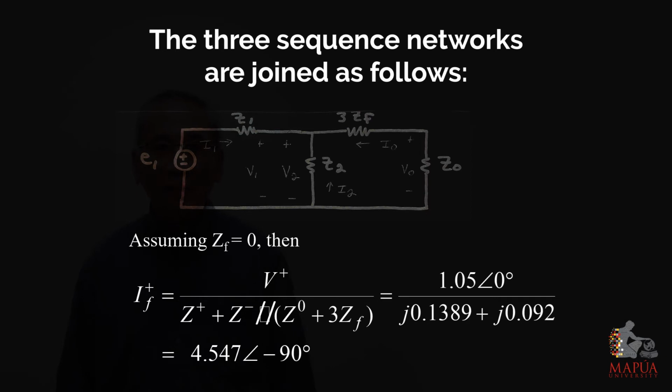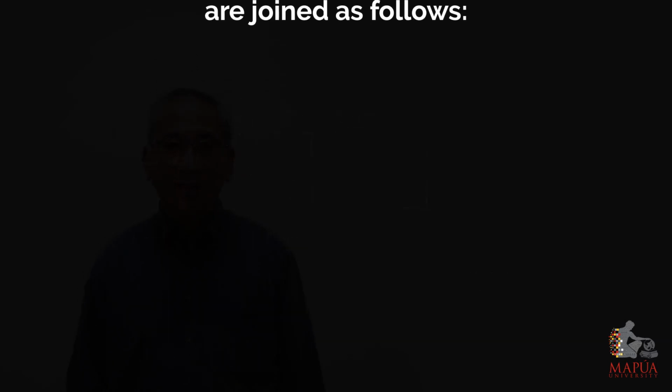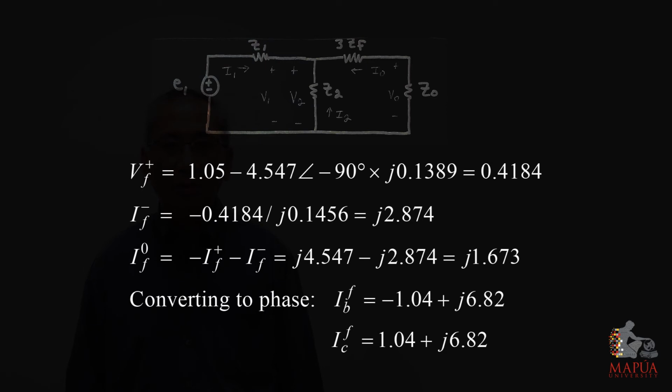Now, solving for the positive sequence voltage in that interconnection of the three sequence networks, VF is equal to 1.05 minus 4.547 angle of negative 90 degrees multiplied by J 0.1389, which is equal to 0.4184.